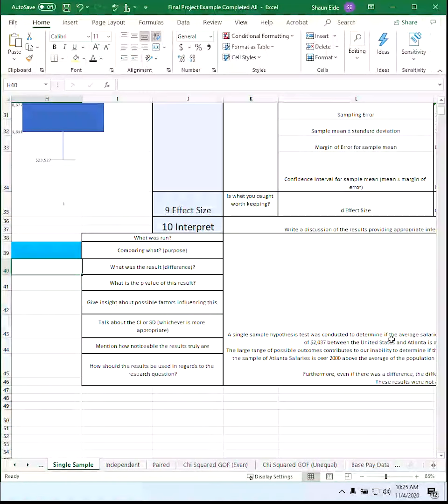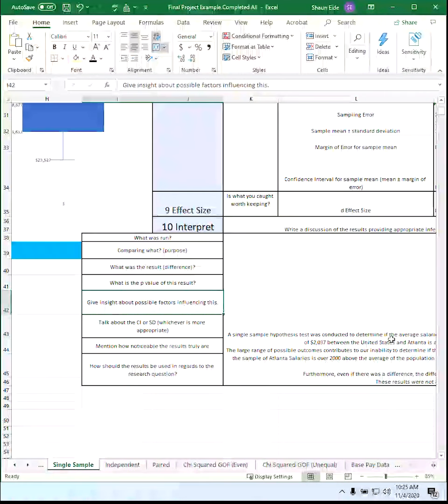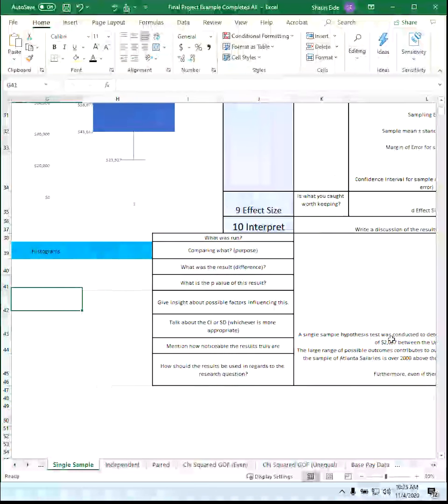So what was the result? What is the probability of that result? You notice I have that in there. And then give insight about the factors that influence this. So you know this.